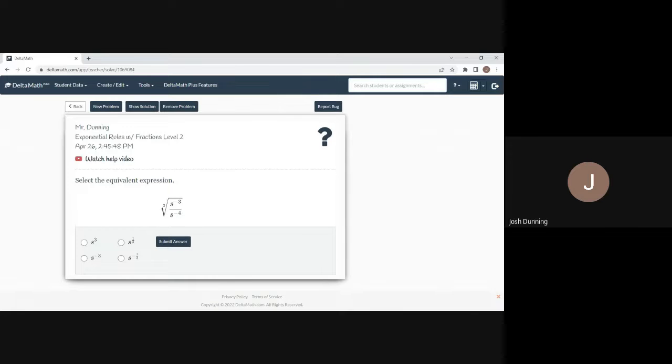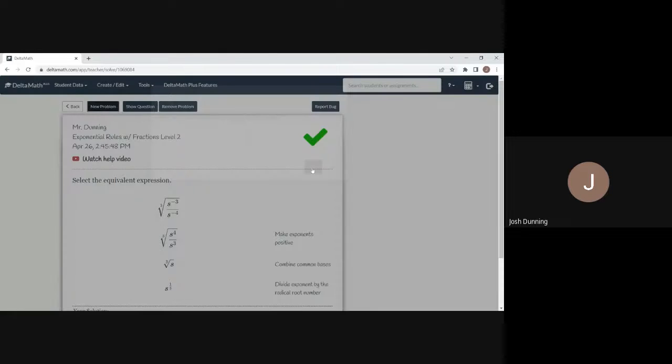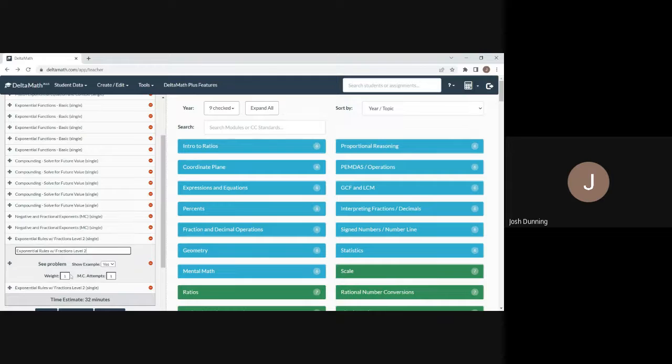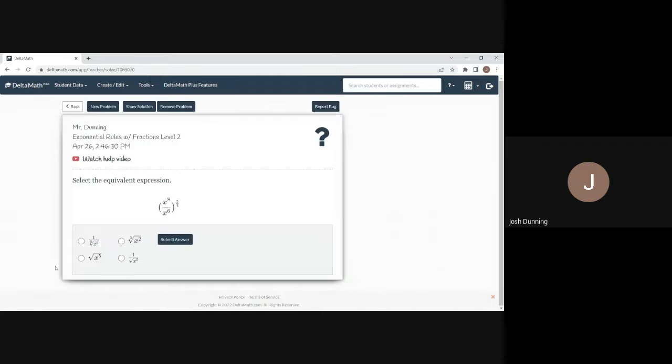Raise over root, s to the 1st, cubic root, 1 over 3. Now, all right, so this one, I'll show some work here. It's a little bit more complicated.